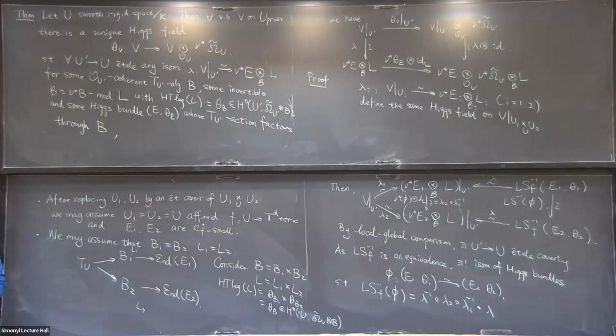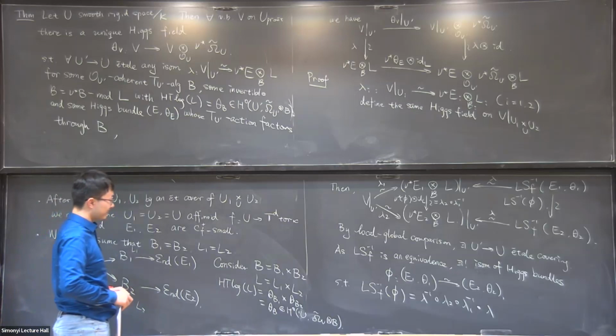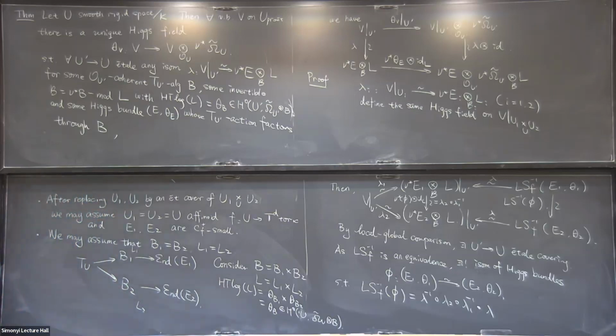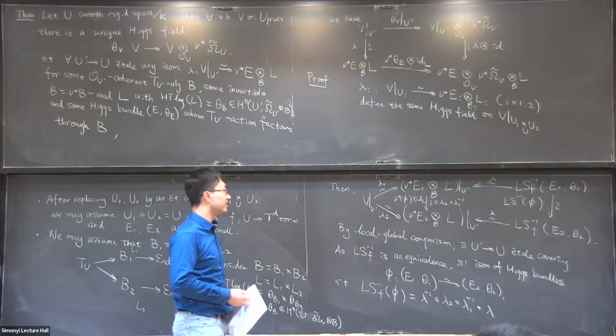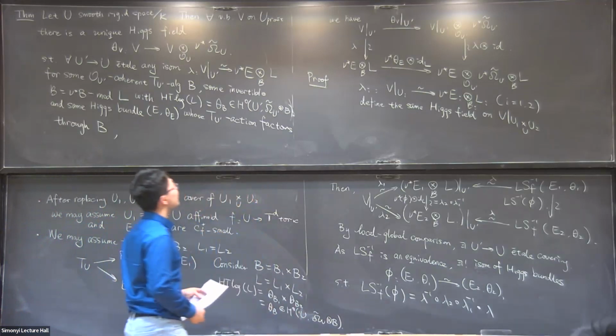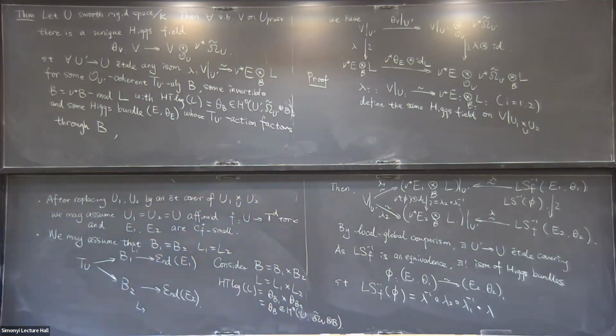So you define a Higgs field by gluing local correspondences? It's not like a gluing. It's just that they coincide with each other. Yeah, it's a glue. I just want to understand if it coincides with Camargo's Sen operator, Higgs field. Yeah, I mean, this is obvious from the construction.